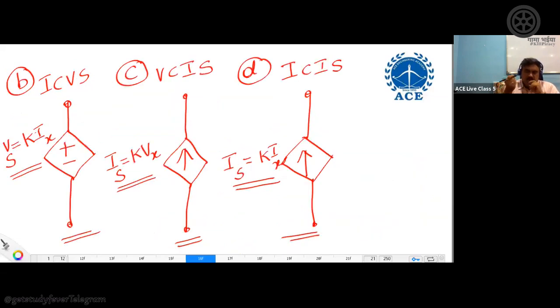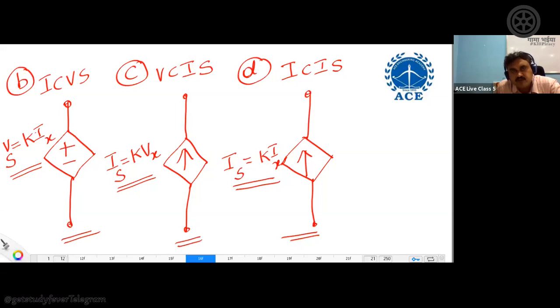Now, any other example? Suppose you take a MOSFET, what type of device is this? I mean, in terms of sources, how can you classify a MOSFET? First of all, is it controlled by voltage or controlled by current? It is completely controlled by voltage. So it's a current source because the ID will flow from either source to drain or drain to source. So it's a current source completely controlled by gate voltage.